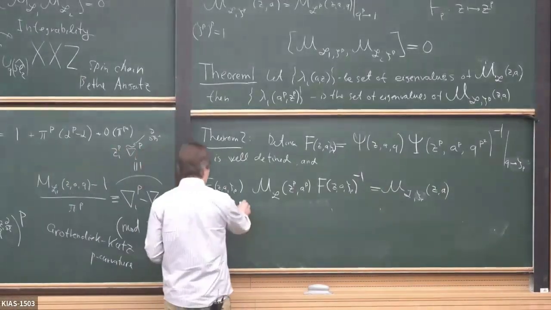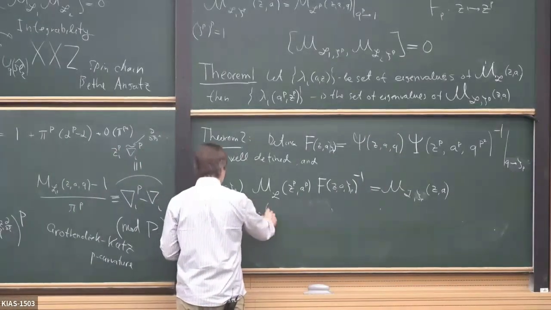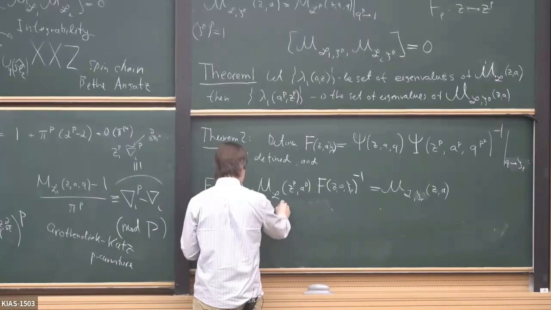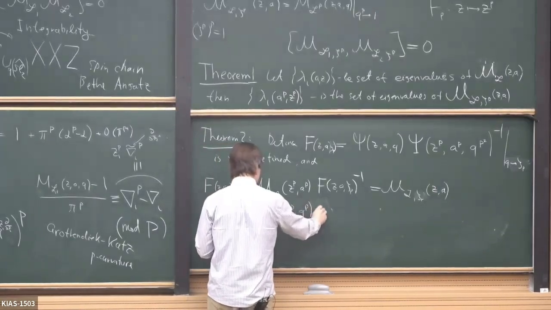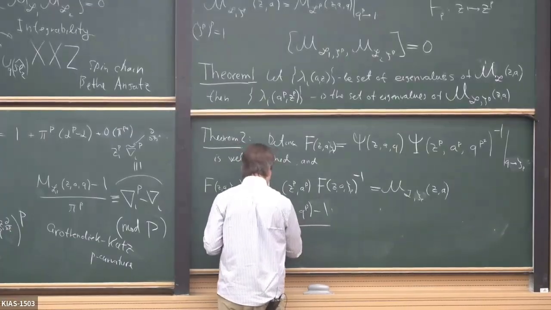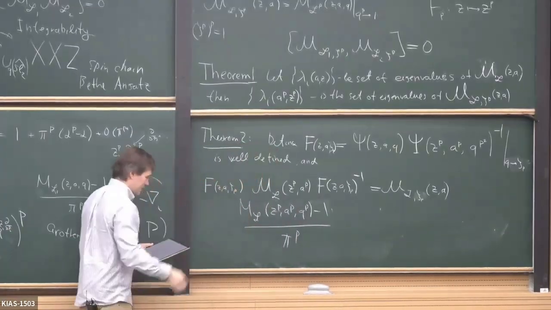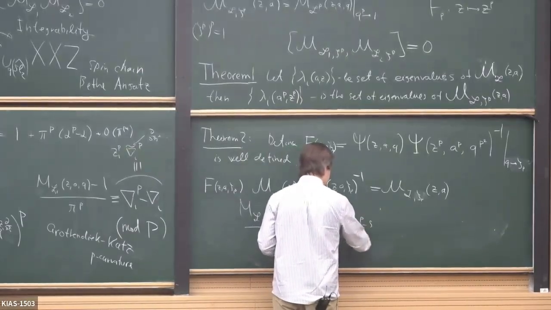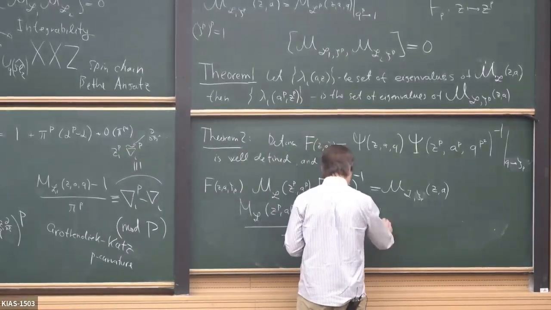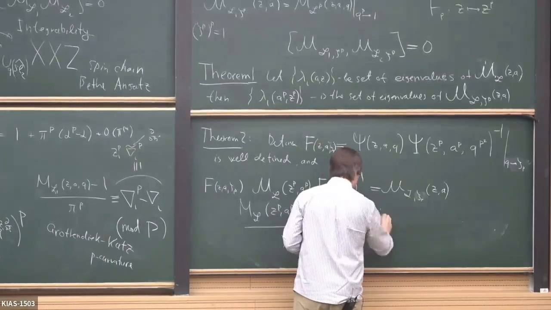What are the Frobenius variables? z to the p, a to the p, q to the p minus 1. Again, I'm just collecting the terms in front of my favorite pi equal to s to the p minus s.